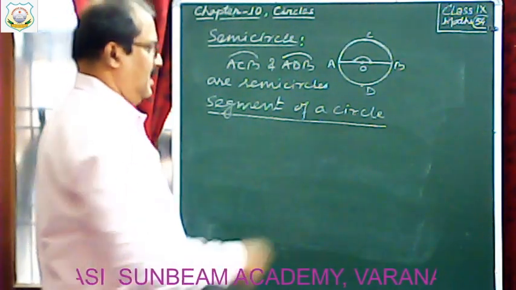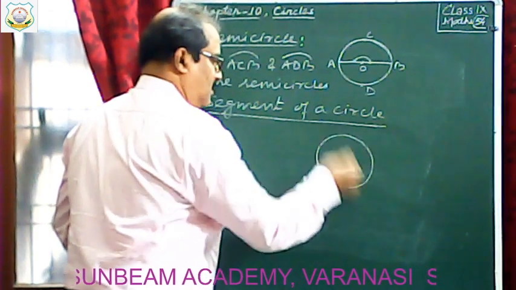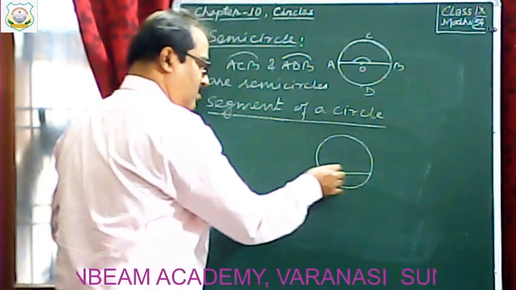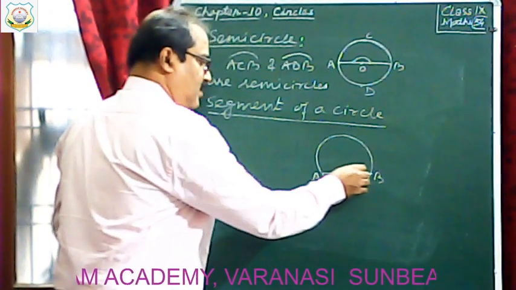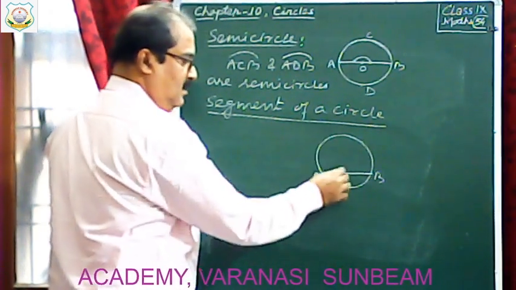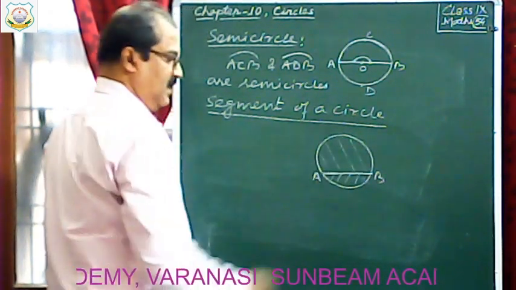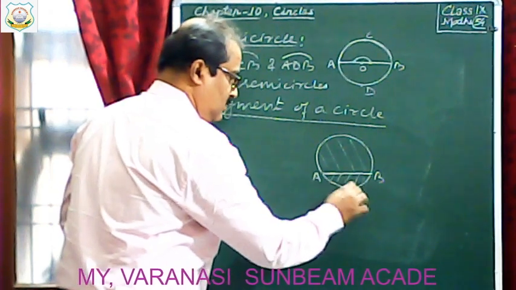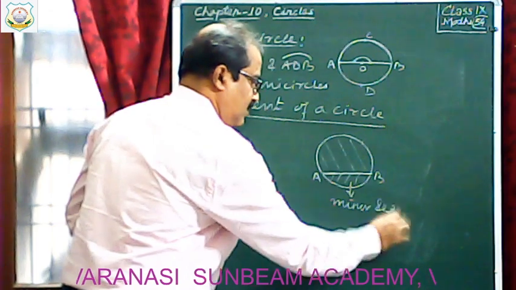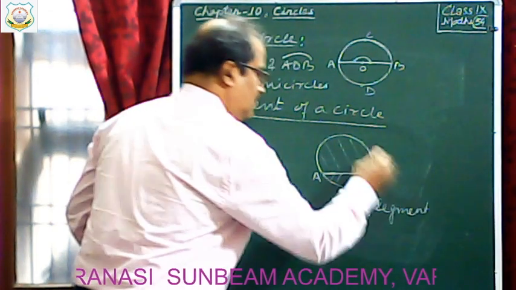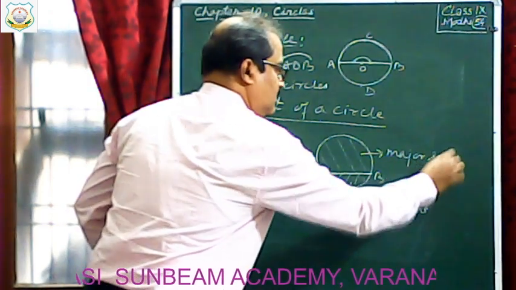A chord divides a circle into two parts or regions known as segments. Suppose AB is a chord, which divides the circle into two parts. The smaller one is known as the minor segment, and the bigger one is known as the major segment.